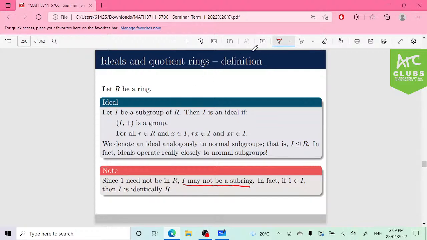And it actually turns out that if 1 is an element of I, then 1 generates the entire ring because every element in your ring can be generated by your identity element. And therefore, if 1 belongs in your ideal, then the ideal is precisely R. So this is a fairly important point, and this is something that we're going to come back to when we're doing examples of ideals as well. Cool. All right.